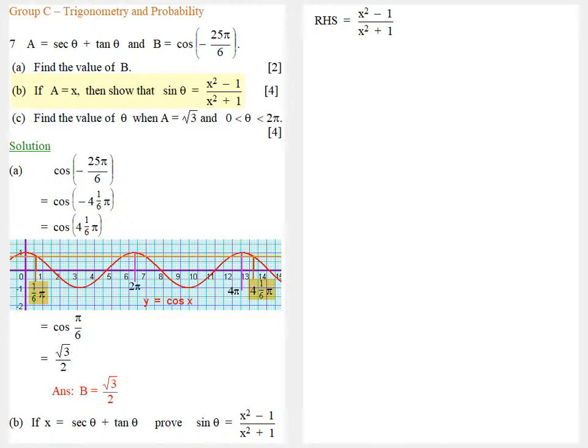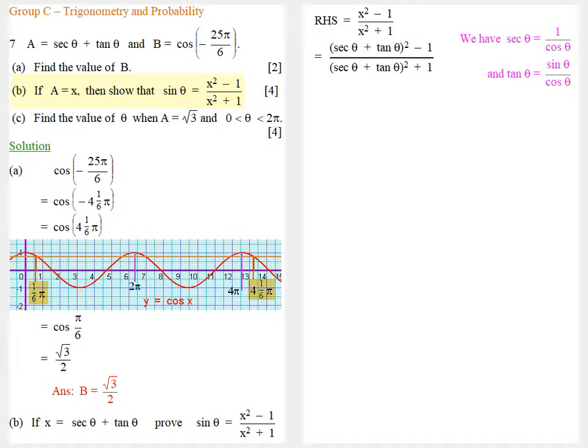Now if we substitute x is equal to sec theta plus tan theta, we have the right-hand side is equal to sec theta plus tan theta all squared minus 1 over sec theta plus tan theta all squared plus 1. But we have sec theta is 1 over cos theta, and tan theta is sine theta over cos theta.